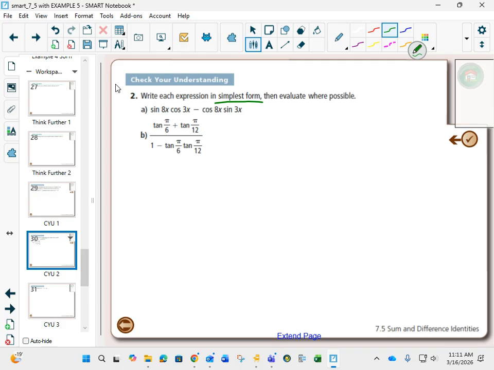Well, in A, we've got sine cos minus cos sine. And we've got an angle of 8x, so I'm going to call that my alpha and my alpha. And 3x, I'm going to say that's my beta and my beta. And then I'm going to look on my formula sheet, is there a sine alpha cos beta minus cos alpha sine beta formula? And it's that very first one. So on my formula sheet, it is sine of alpha minus beta.